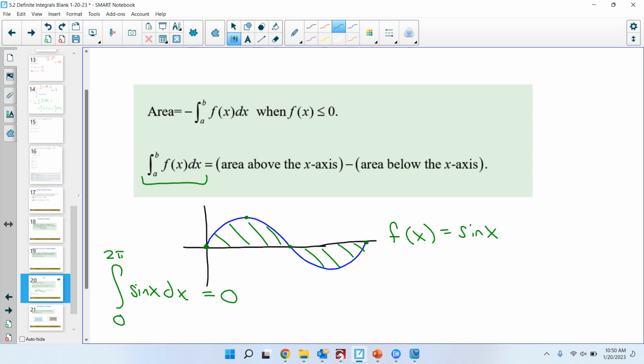Okay, here's an example. I start at a position of 1. Okay, I go to the right. I stop at a position of 10. I come back to a position of 1. What's my displacement? 0.